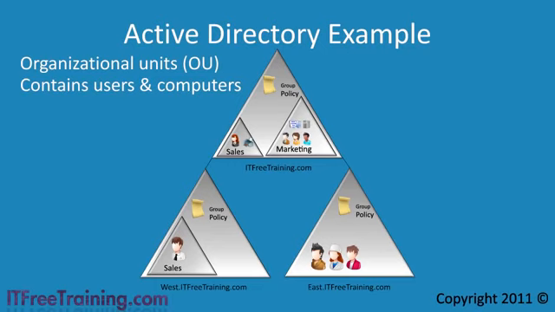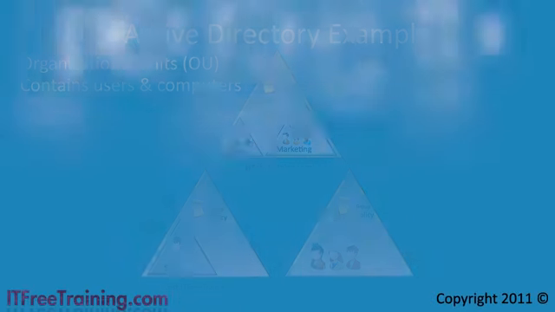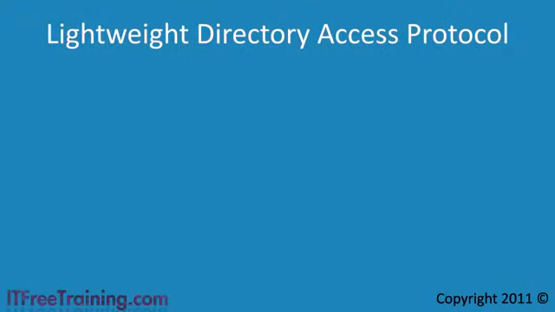Microsoft has borrowed from the X500 directory service in order to create Active Directory. However, in order to access the database, you need another system. The X500 standard has directory access protocols, but due to some shortcomings in the protocols when they were developed, most noticeably no network support, other protocols were developed, such as the Lightweight Directory Access Protocol, better known as LDAP. So essentially, you have two systems.